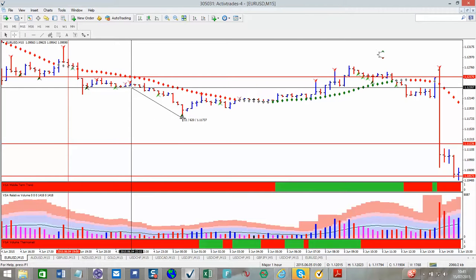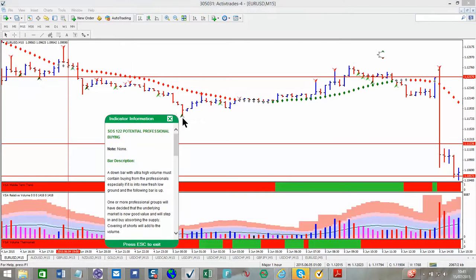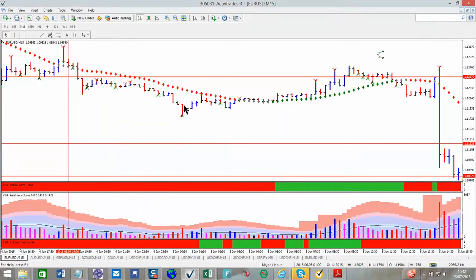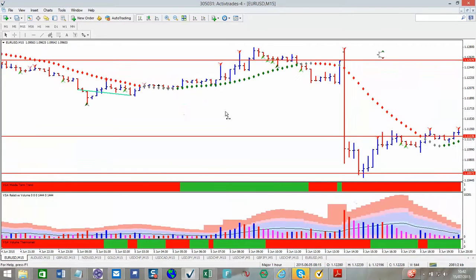Would that be a fair assumption? And rode my stop loss down to this point, and then the market would have come back on me and probably stopped me out at that point.